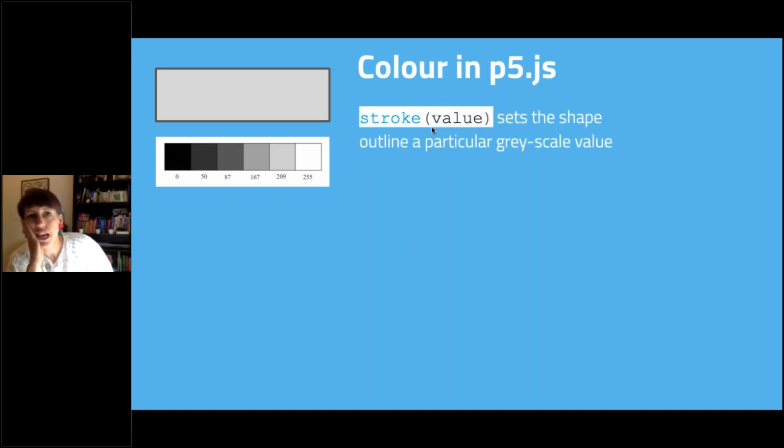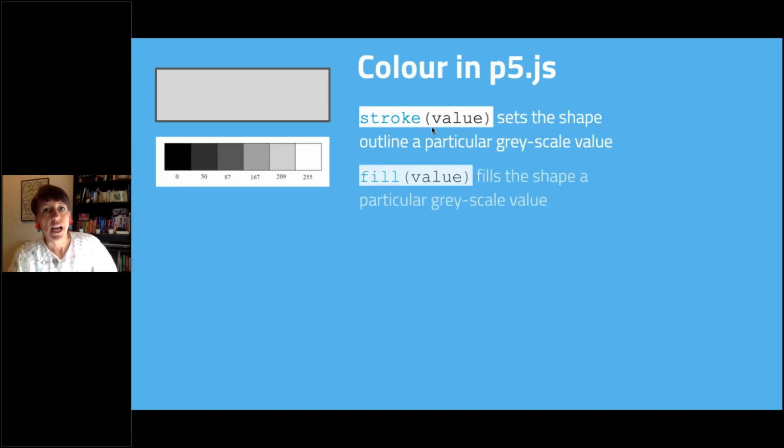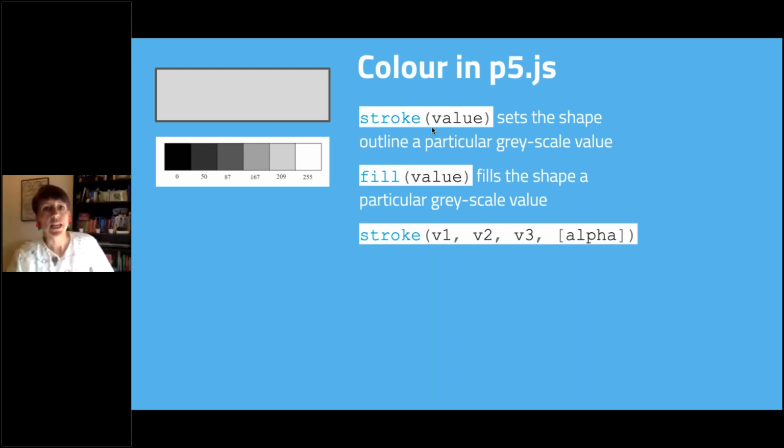The stroke is the outline color, and if you just give one value, so if you just pass in one parameter, it will be something on a scale of black to white, so a gray scale. Similarly with the fill. So you can have a value from 0 to 255, and you'll get something in grayscale. If you want RGB color, and also if you want transparency, you've got the option of giving 3 values, again between 0 and 255, and an alpha value, which is a percentage of transparency.